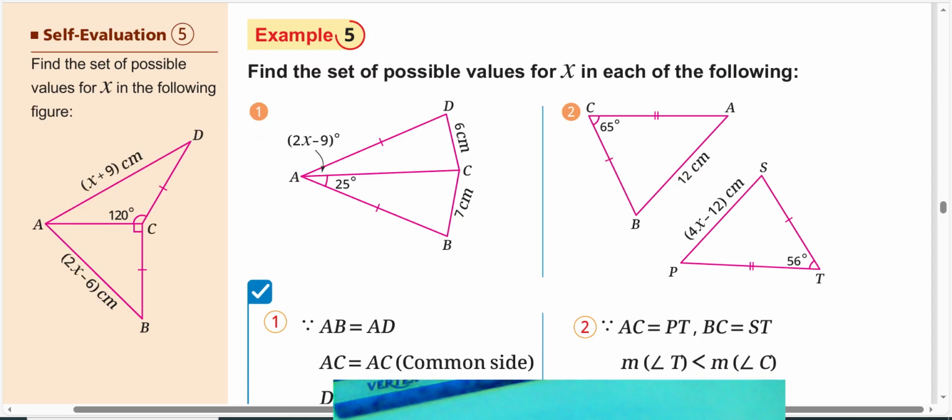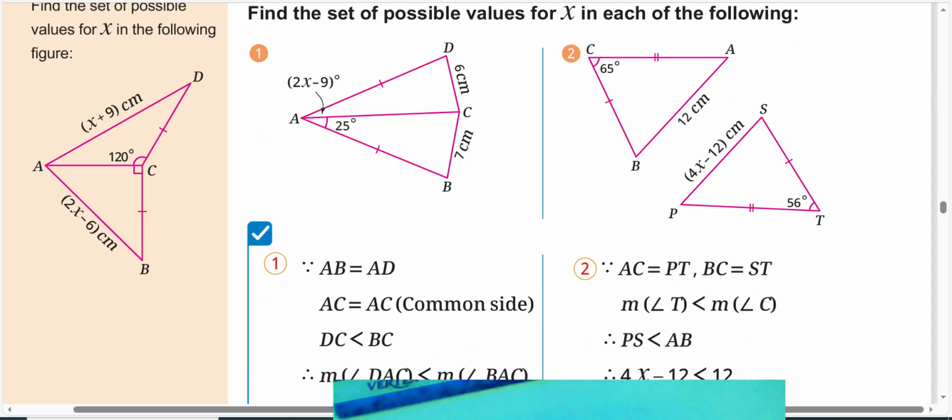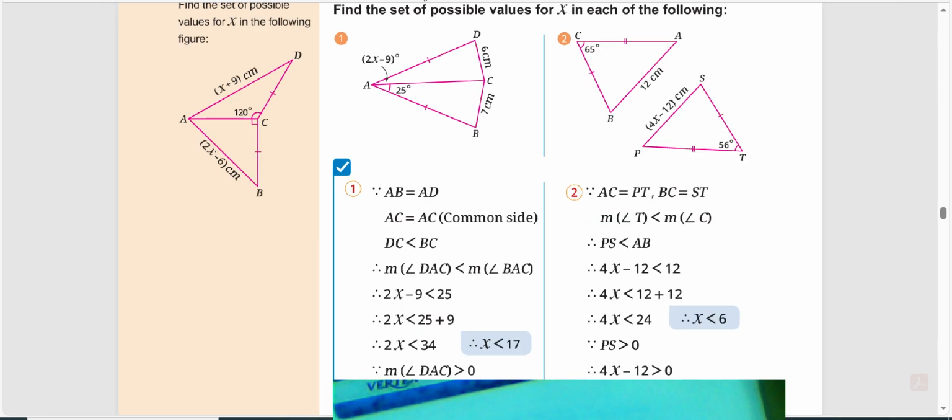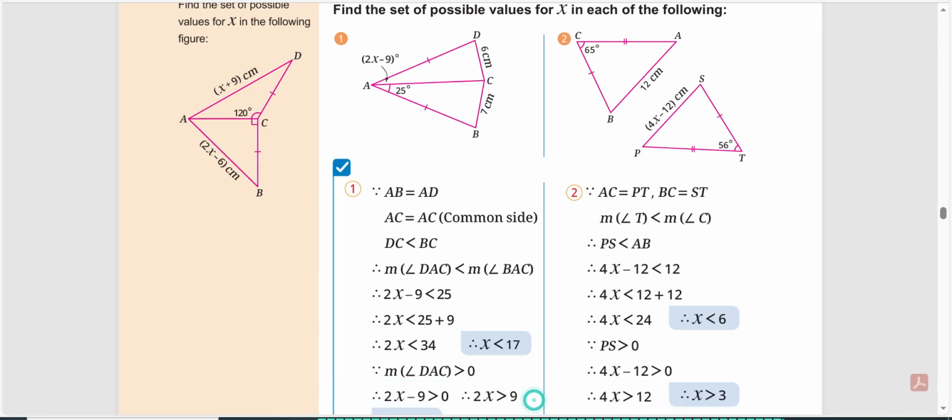Example number 5. Find the set of possible values for x in each of the following. Listen, we have two questions, question number 1 and 2. You want to find the relation between x and here. About sides, we have AD equal AB and AC is a common side.